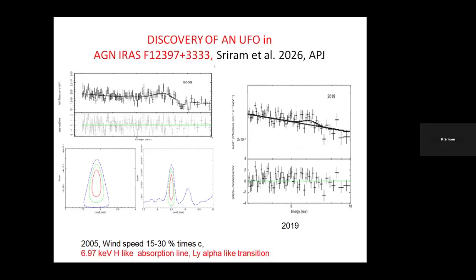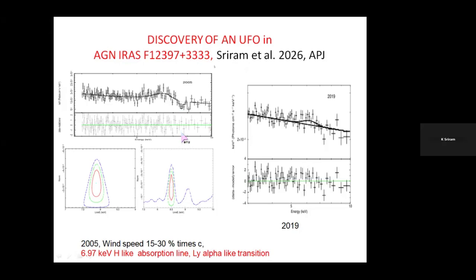This is the discovery of an ultra fast outflow in one of the galaxies, IRAS 97 etc. A recent work, it got media attention also recently. And what we found, if you carefully see, is the spectrum of that particular galaxy, the central region of the galactic nuclei.